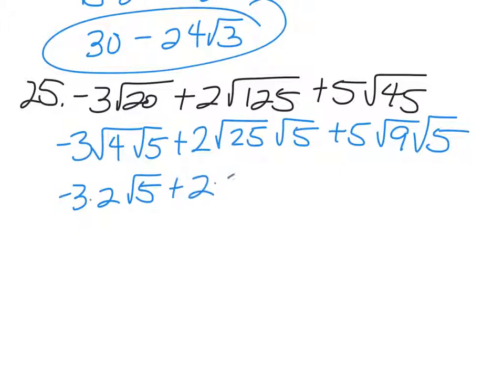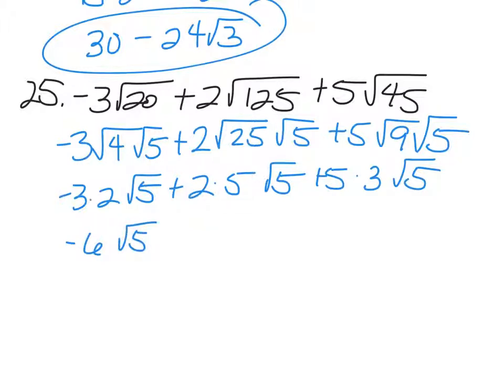Square root of 25 is 5. Square root of 9 is 3. Negative 3 times 2 is negative 6. 2 times 5 is 10. 5 times 3 is 15. Negative 6 plus 10 is 4, plus 15 is 19.